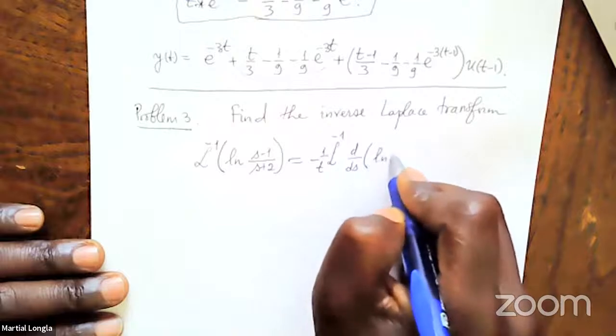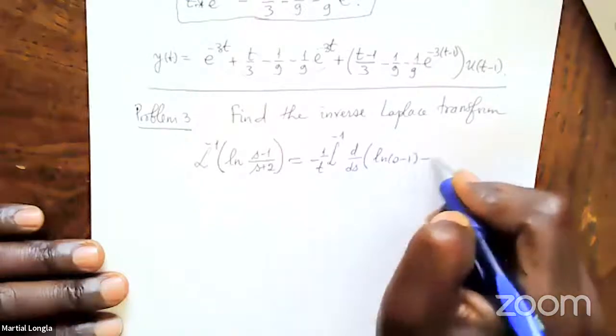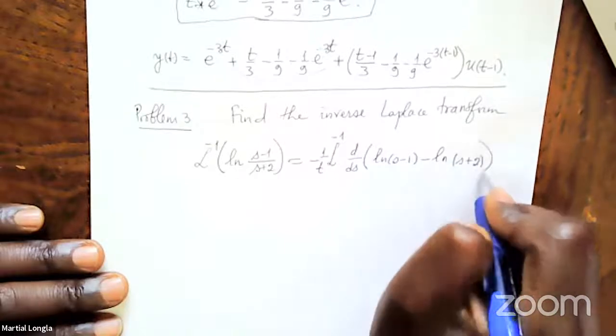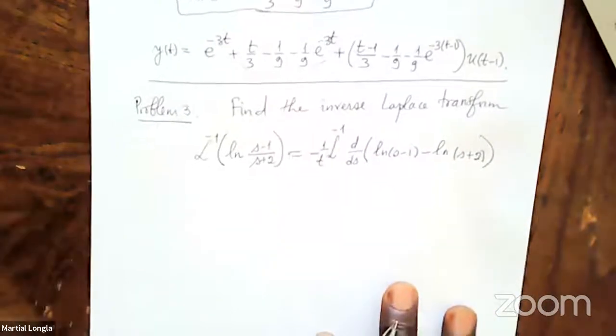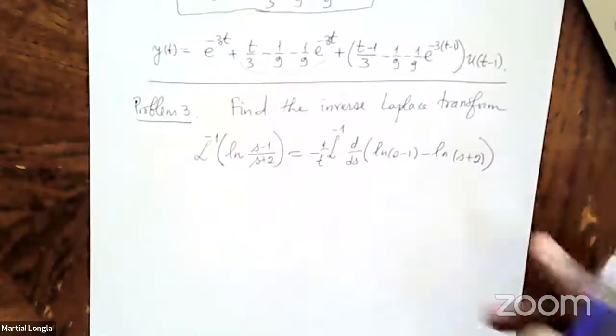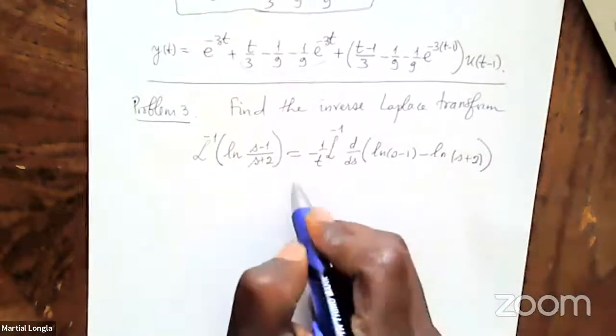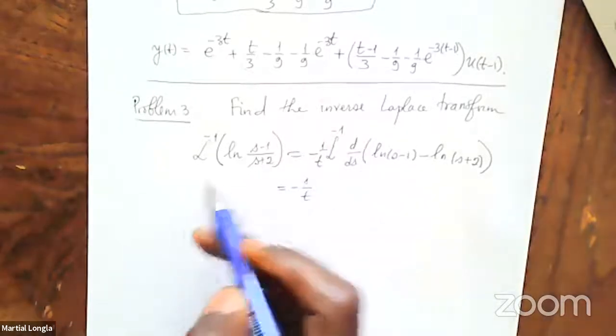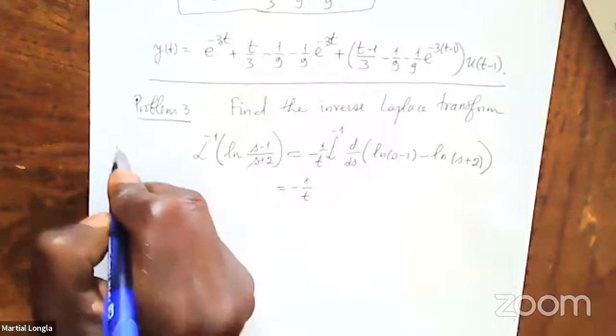And because of the form of it, it's better to split first. Otherwise, you're going to get in trouble taking derivatives of natural log. When you split like this, the problem gets simple. And so that's what you do. Negative 1 over t. That's the topic, derivative of Laplace transform.